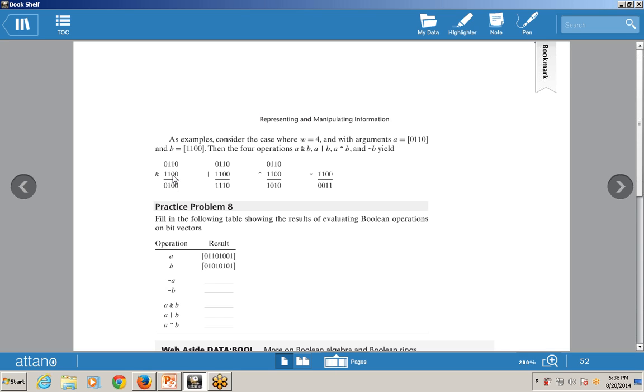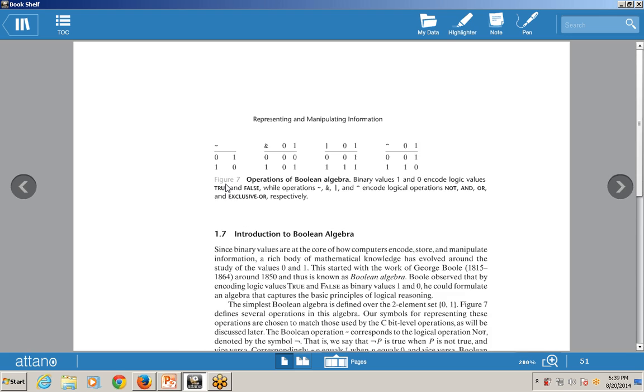For 1, 0, as I told you, in the AND operation, if both the inputs are true, then the output is true, otherwise false. Here only one input is true, which is denoted by the binary number 1, and the other input is false, so the output is false. Here both the inputs are true, so the output is true, that is 1. Here only one input is true, so the output is false. Means in the AND operation, if both the inputs are true, then the output is true, otherwise the output is false. This is the AND operation.